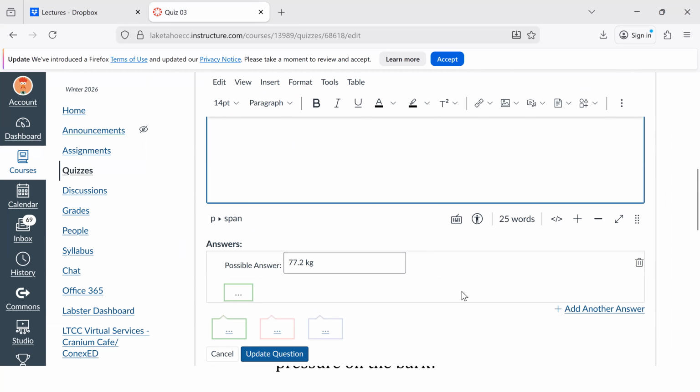For these fill in the blank ones, the numerical answers, the numerical grader on Canvas just really doesn't work very well, and it doesn't support using units or doing sig figs well. So the way that I've settled on doing this is basically we're just gonna do fill in the blank questions. I'm grading the number and the units and the sig figs just like normal. I just can't use the automatic grader function from Canvas to do numerical answers because it doesn't do those things.